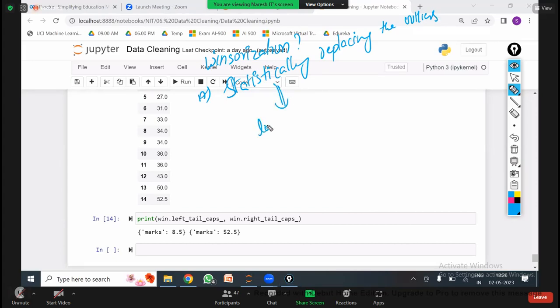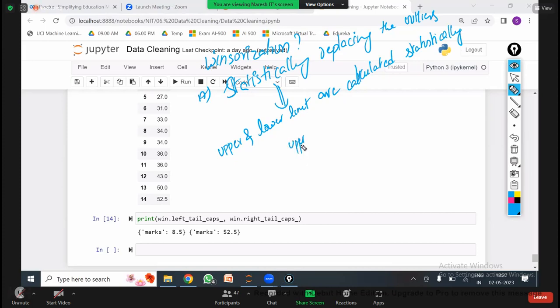Whatever the upper and lower limits are, they are calculated statistically. I have not created those values.